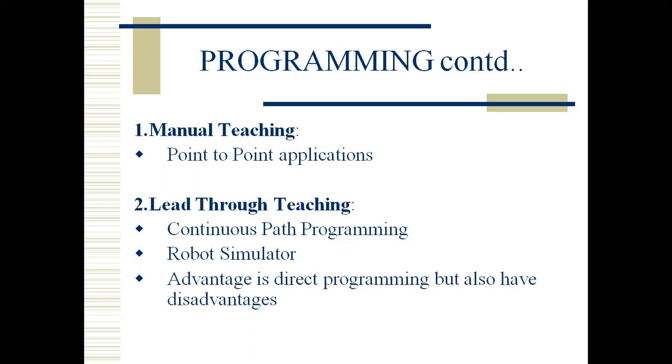By this, we'll be utilizing the specification of points. In the point specifications, we'll be specifying three different coordinates, that is the x coordinate, y coordinate, and then the z coordinate. By that, the robot will traverse its motion and characterize the path for reaching the destination point. So that is manual teaching.